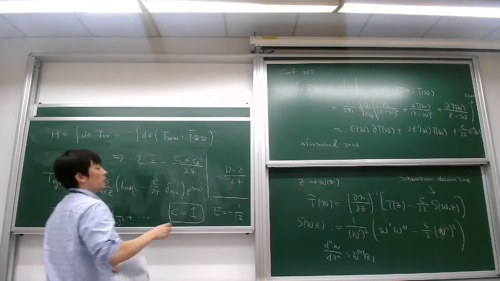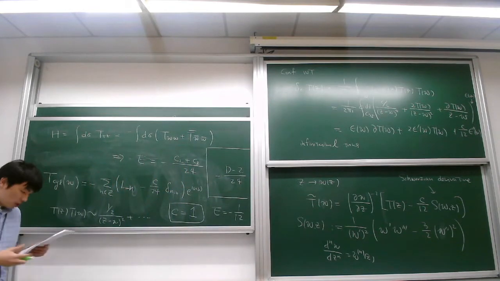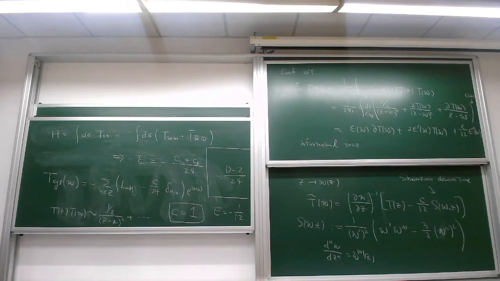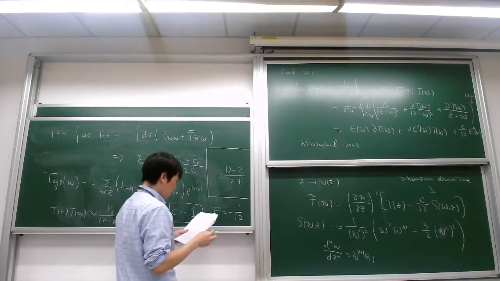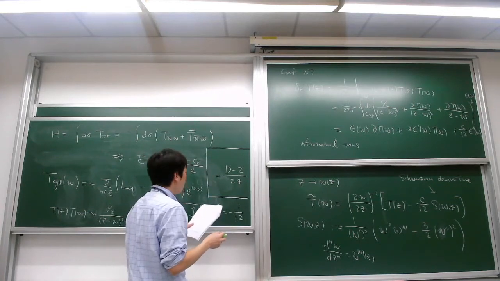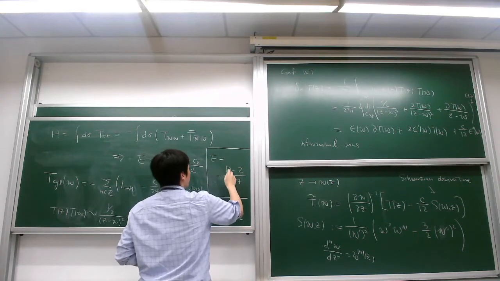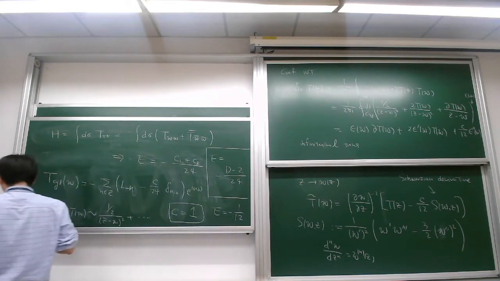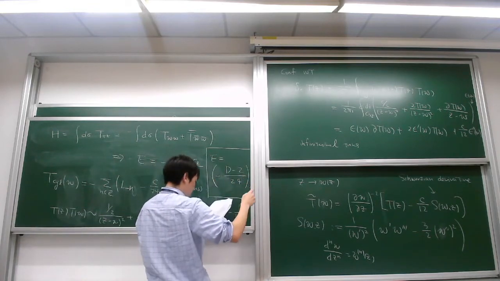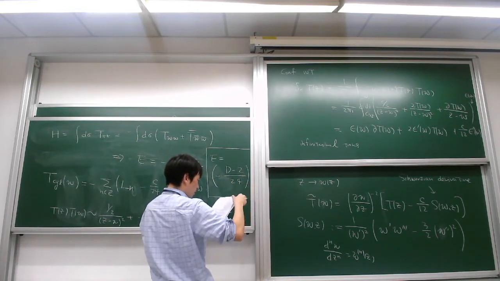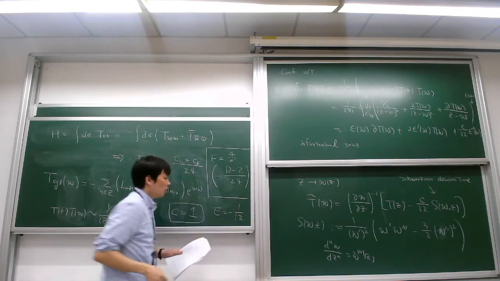So in d dimensions, the energy is equal to minus (d minus 2) over 24, and this is the energy of the tachyonic state. Sorry, I think normalize, I forgot to include alpha prime. So normalize 4 over alpha prime.